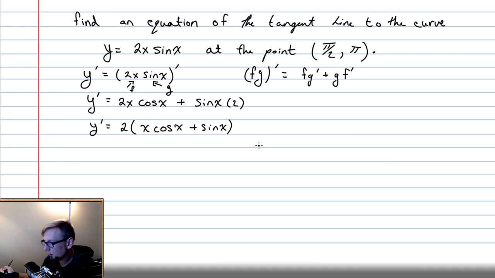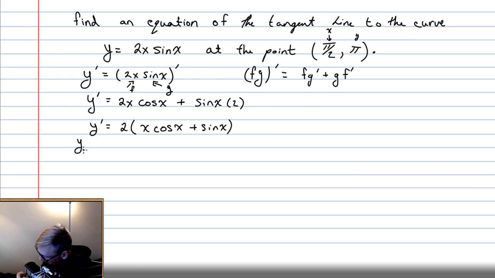And we'll plug in the point. When we look at the points, that's our x and that's our y, right? So cos of pi is -1, sine of pi is 0.